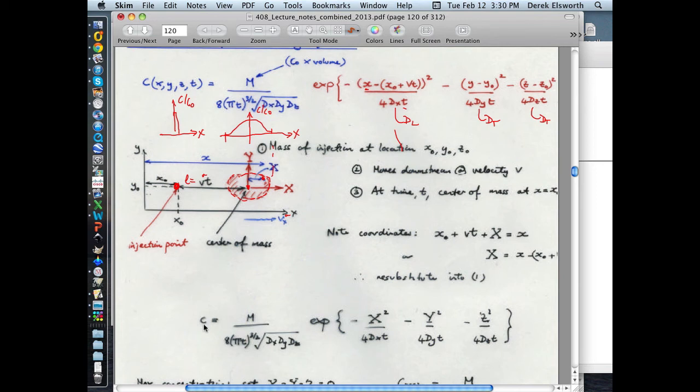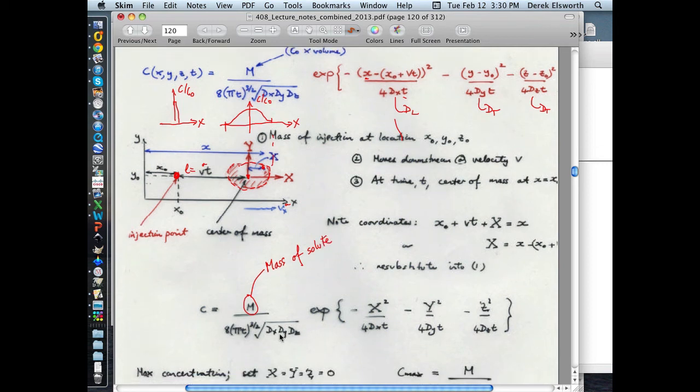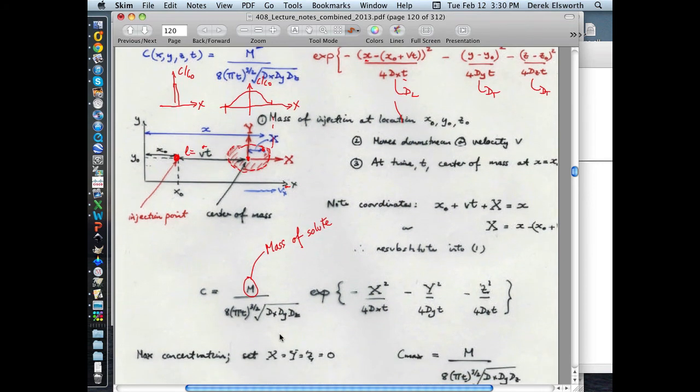And so you see in here we don't have a relative concentration C over C0, because it's defined in terms of the mass of solute that's been put into the ground. So this is the mass of solute. I suppose you could tell me, is it mass? I guess you could. We could check that from the dimensions, right?